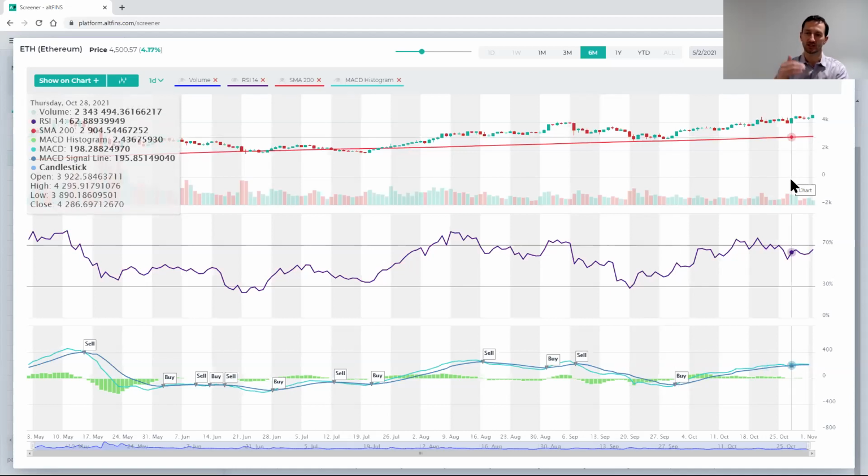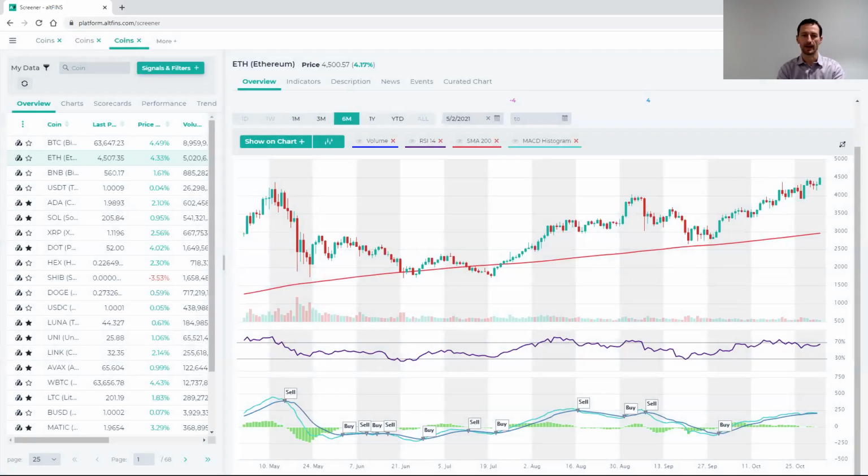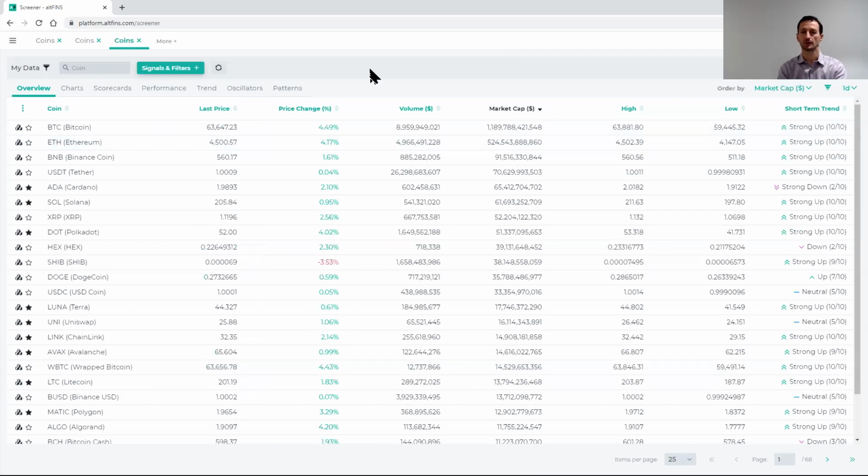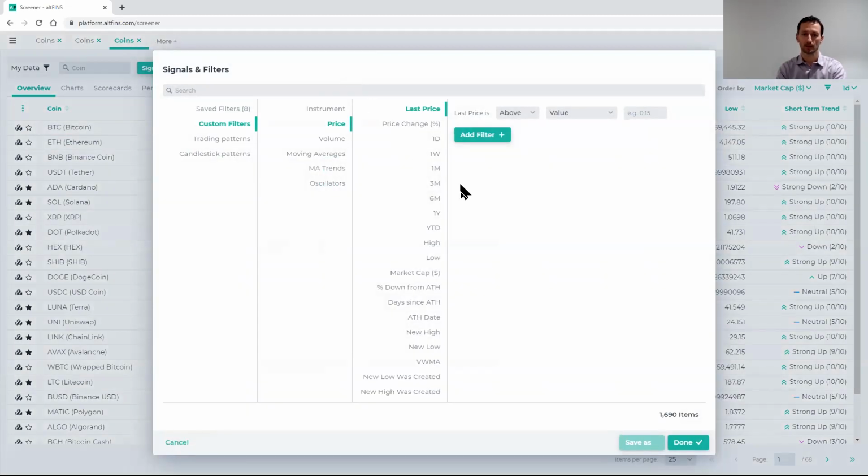So the 50 center line crossover for RSI is an indication of bullish momentum rising. And we can combine it with the MACD crossover to strengthen that signal and eliminate some of the false MACD crossovers. Okay, so let's build that filter back up.